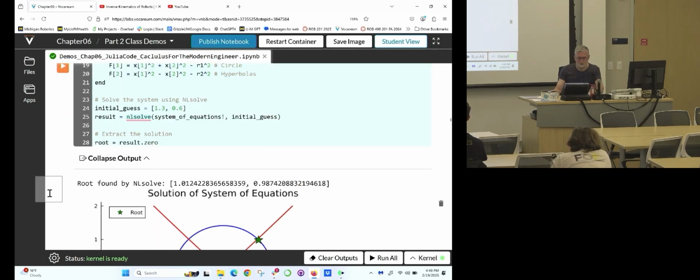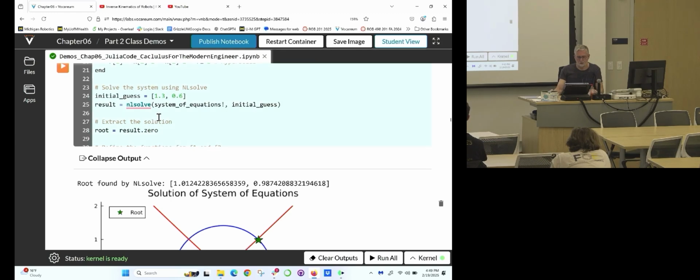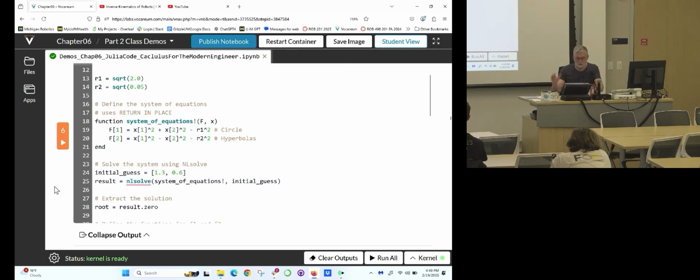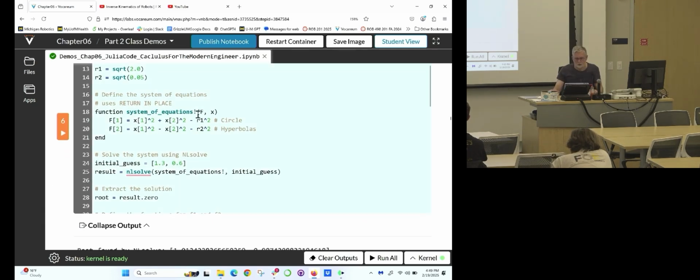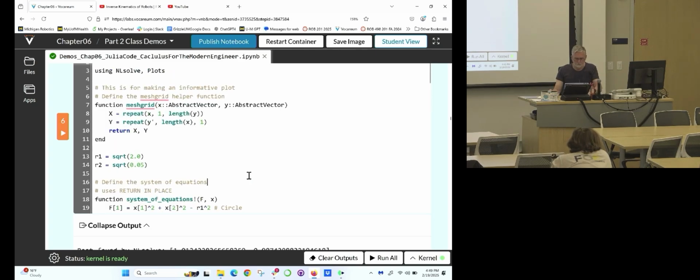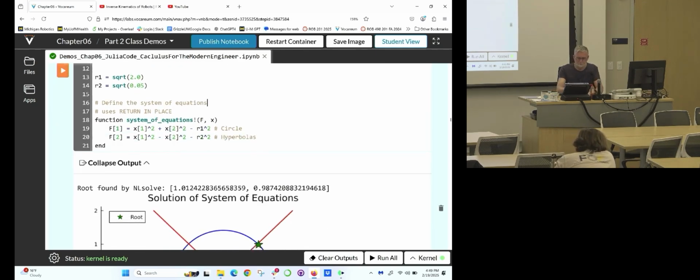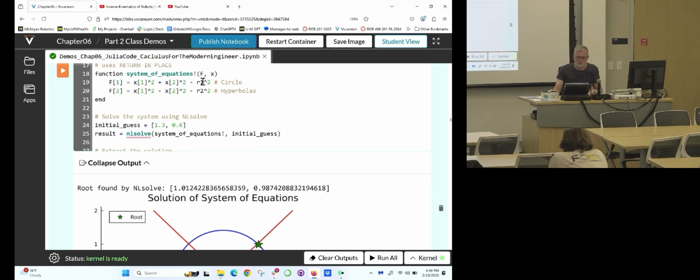So you give it an initial guess, and you give it the name of the function that you've called. I called it system of equations. The exclamation point just means that it's doing return in place, so you don't have to have a return statement.